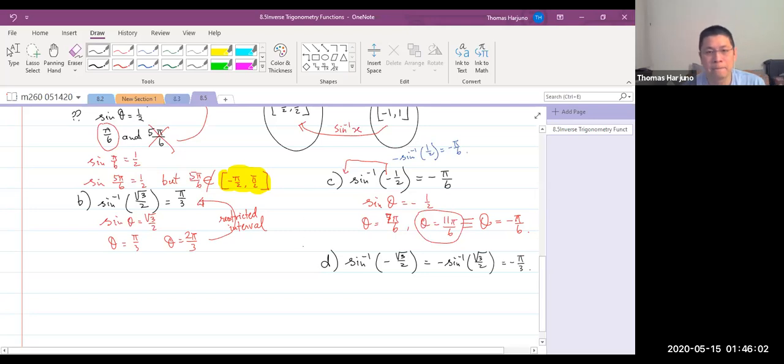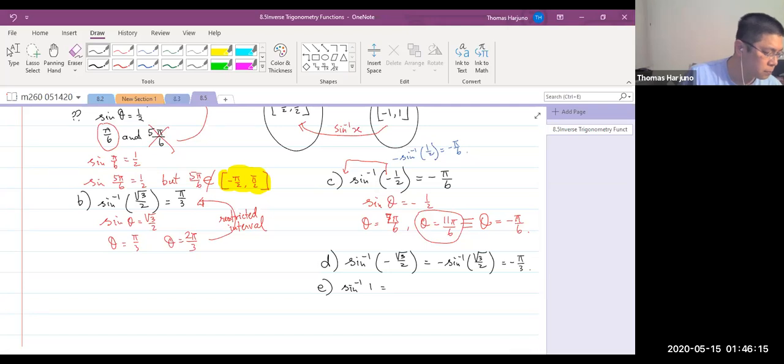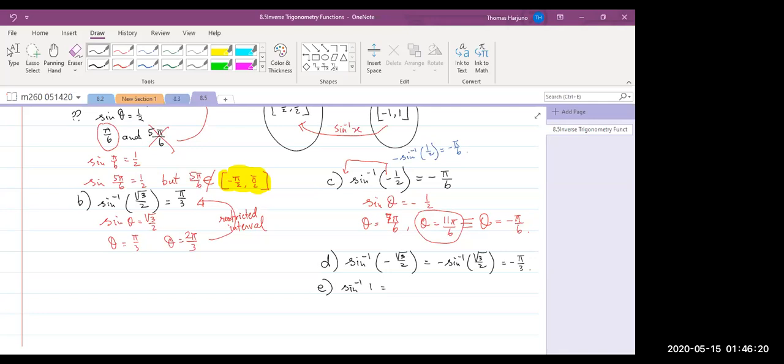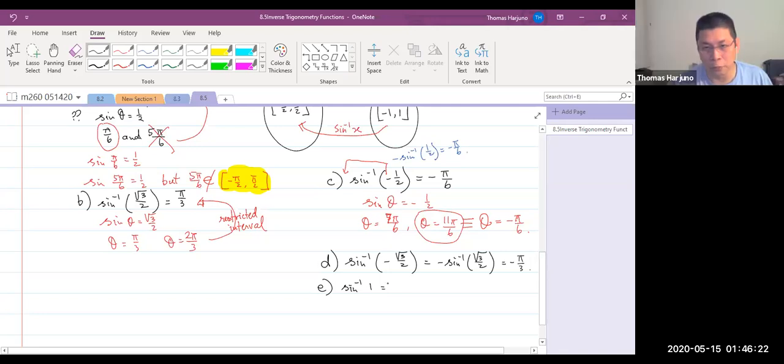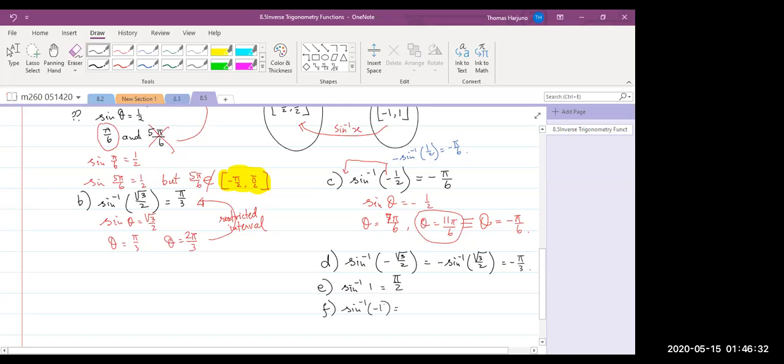Now, how about sine inverse of 1? By the way, I need you to tell me this. Pi over 2. That's pi over 2. So how about sine inverse of negative 1? Negative pi over 2.